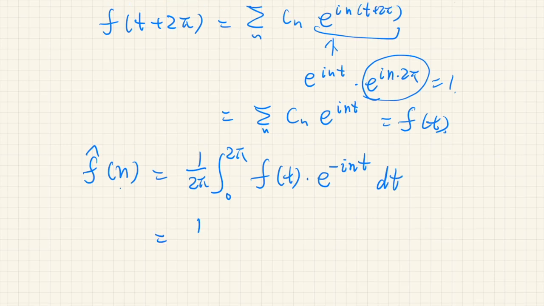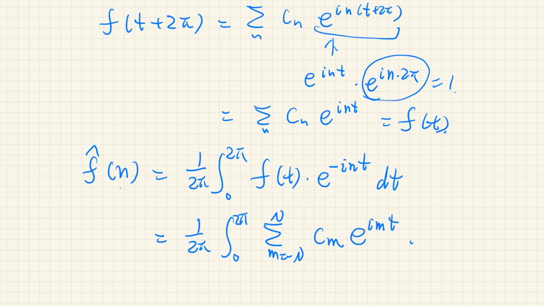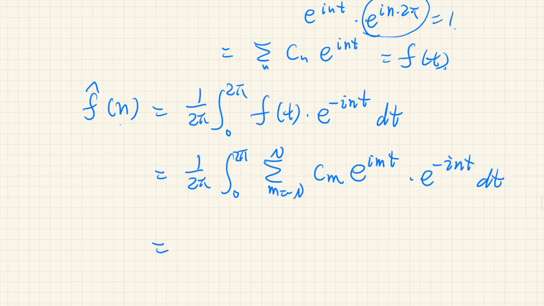Now, plug in the definition of f of t, so sum over m from negative N to positive N, c_m, and exponential of i m t times exponential of negative i n t dt.